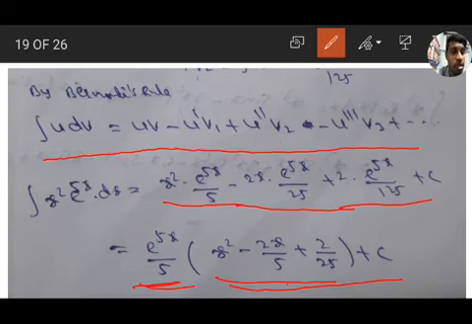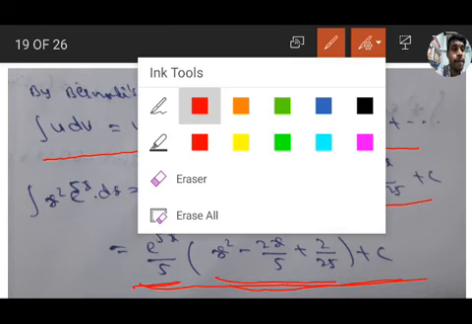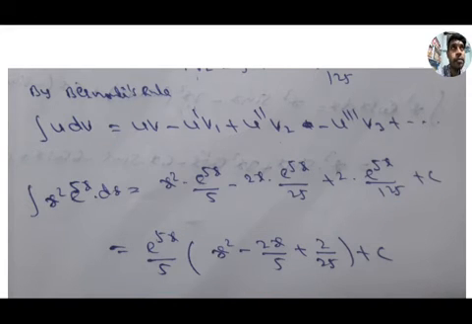So e to the power of 5x by 5 of x square minus 2x by 5 plus 2 by 25 is the answer. Next problem.